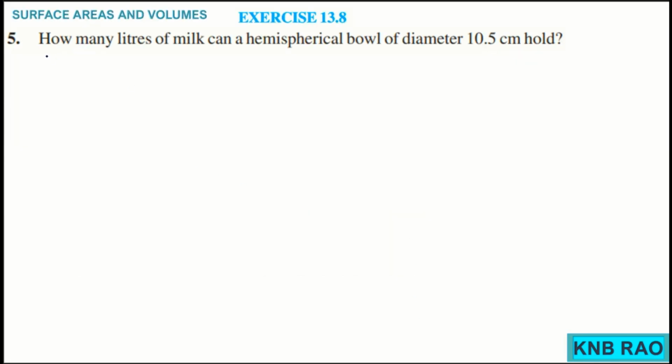Question number 5. How many liters of milk can a hemispherical bowl of diameter 10.5 centimeter hold? In this question we are given the diameter, so from the diameter we will find the radius.